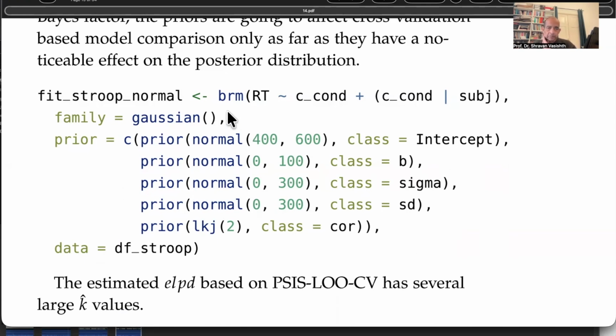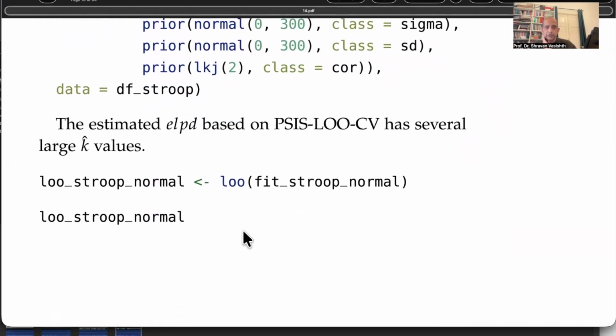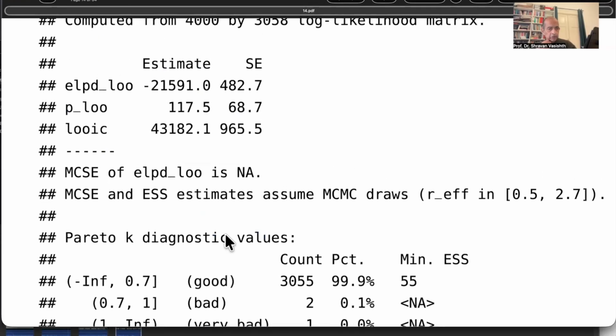Anyway, so we fit the same dependent measure, but with a different likelihood. Okay. Once we do that, first of all, you have to deal with the problem that you've got these Pareto k values that are too high. If you print out the output of the loo function, it will print out a bunch of warnings.